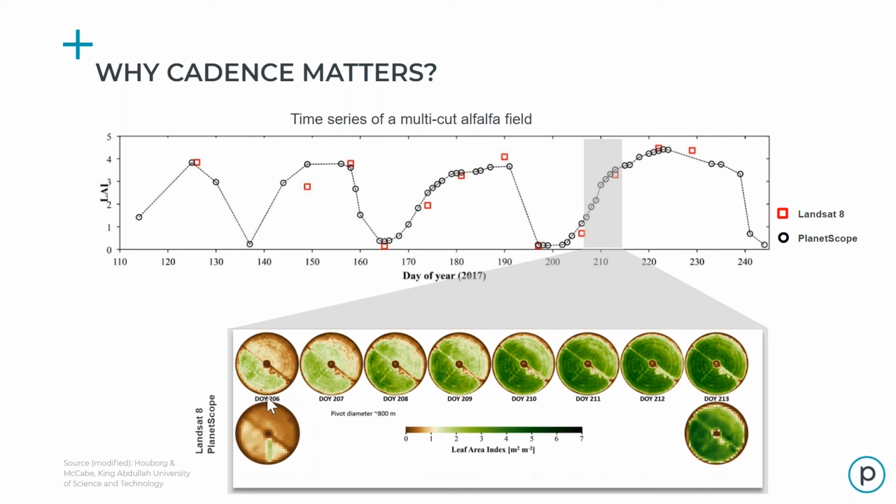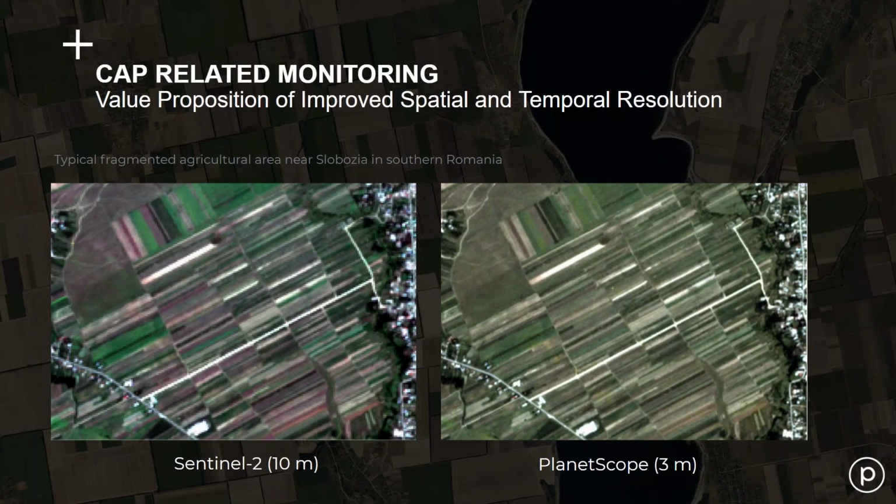So a fantastic capability that we're now starting to take to markets extensively. I think certainly my colleagues in the Welsh Government, who I know are on the line here today, can talk to you about some of their experiences that they've been developing over the last little while with their proof of concept using our data. And of course, there's going back into the CAP monitoring, I mentioned that we are compatible with Sentinel-2 from a spectral perspective. In addition to the increased cadence, from a resolution perspective, obviously we have advantages there too.